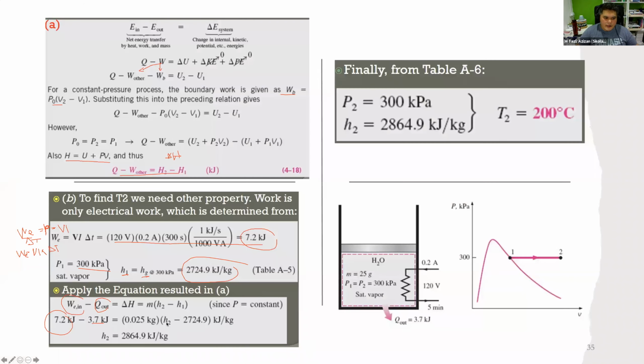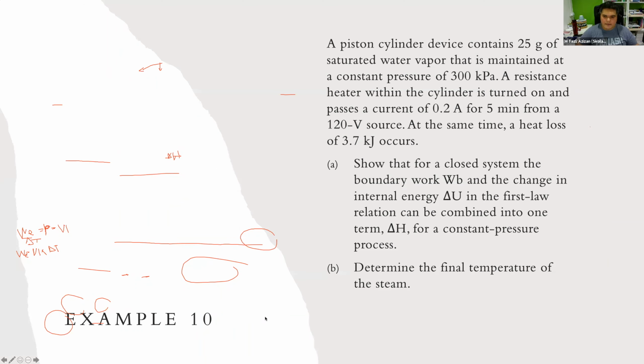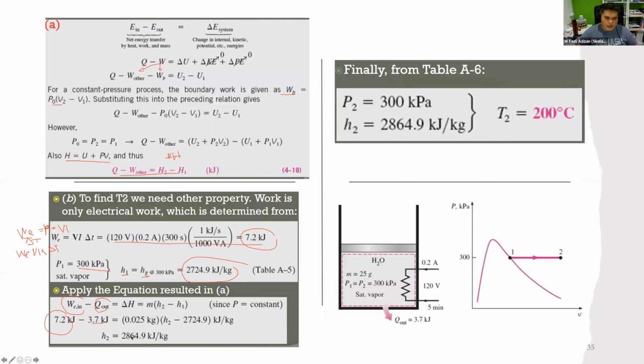And then you have H2 minus 2724.9. We didn't know what is H2, but we can already obtain it from here. We already have the work in, Q out, and we can determine the specific enthalpy. Because the question asks to determine the final temperature of the steam. So we know H2 is 2864.9 kilojoule.